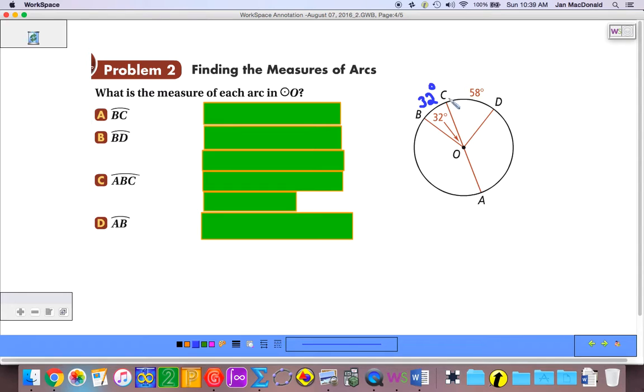I can clearly see that CA is the diameter of the circle and would cut the circle exactly in half. So 180 minus 58 should be 122 degrees. That would be the measure of minor arc DA.